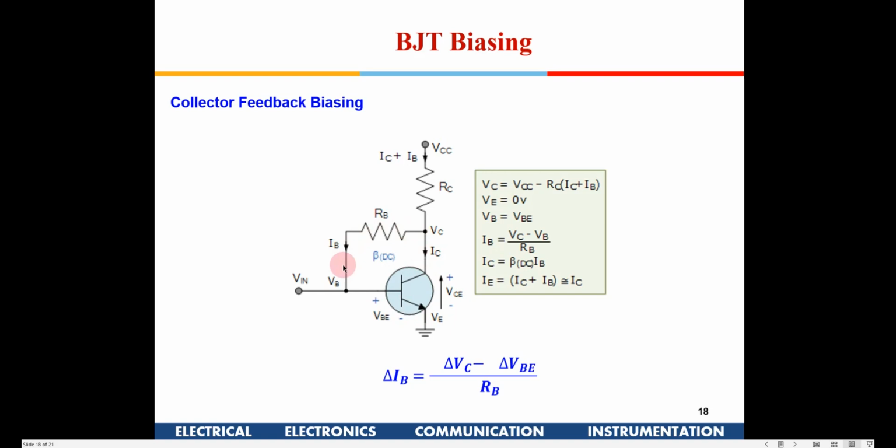This is a kind of feedback, a negative feedback. The moment VBE decreases because of temperature, IC increases, which means VC is going to decrease because there is more drop across RC, and since VC is lesser now, that is going to decrease IB. So you don't have a thermal runaway problem in this kind of biasing.